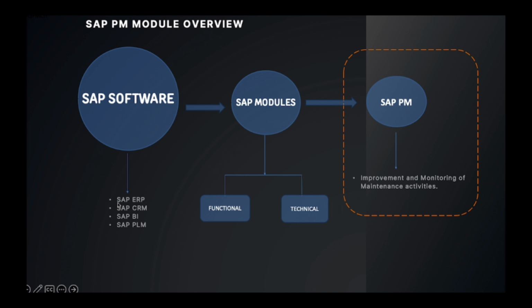But above all, SAP ERP is more popular as compared to the other three. This software supports and manages operations. Every business has different operations in it. Now, SAP ERP tends to support and manage these operations.